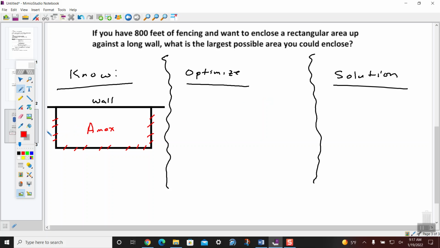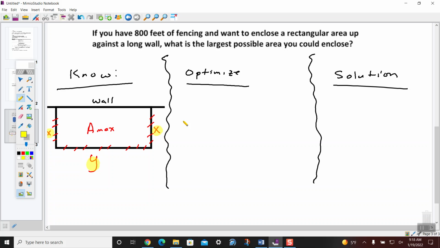I'm going to put an X right here, a Y down here, and an X over here. So we have these sides. One side is X, this side is Y, and this side is X. All agreed there?